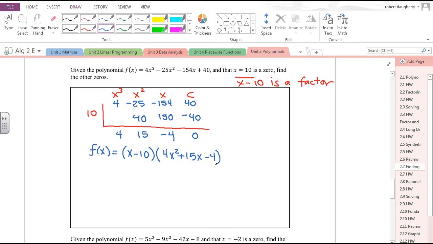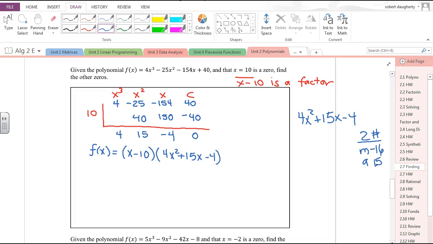Now to get this completely factored, I need to factor the 4x squared plus 15x minus 4. So when I look at that, I'm looking for two numbers that multiply to give me what? Negative 16 and add to give me 15. What numbers do that?